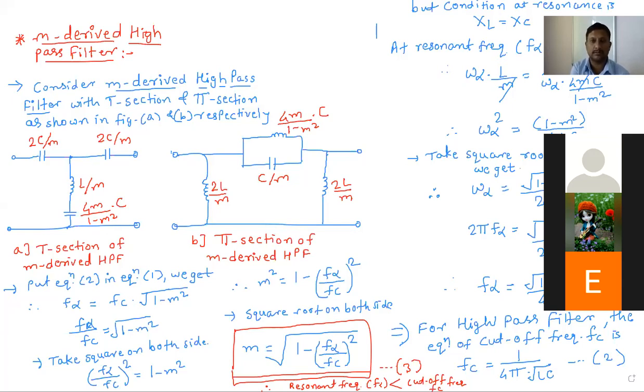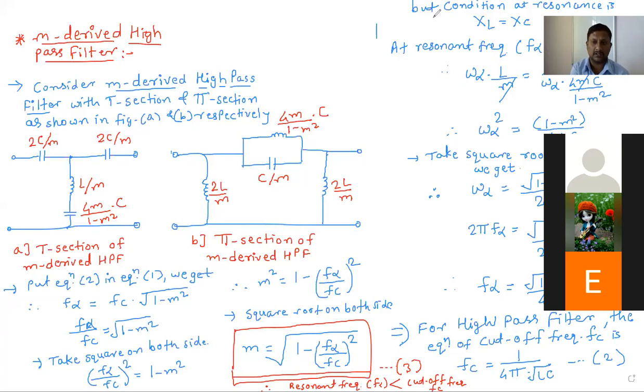So this is the theoretical part I wanted to discuss with you, so that we can cover the m derived high pass filter. After this, there will be the design. Once we discuss the design formulas, then we can start to solve the numerical example.